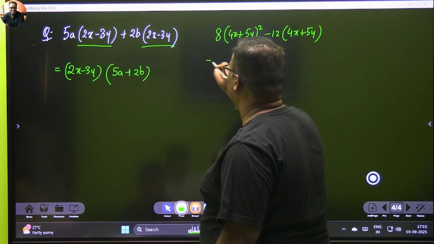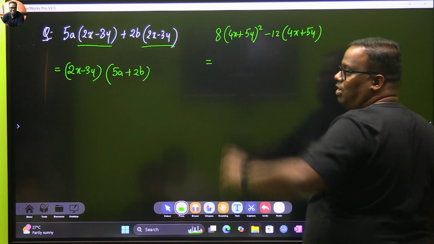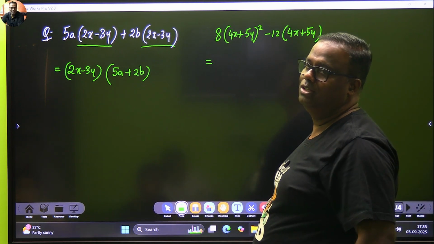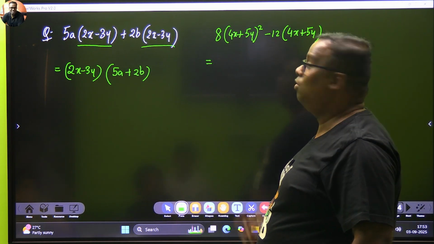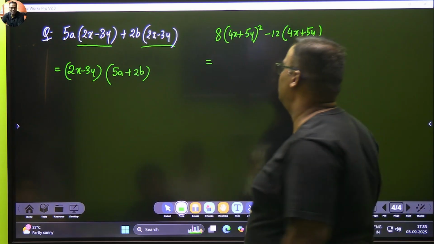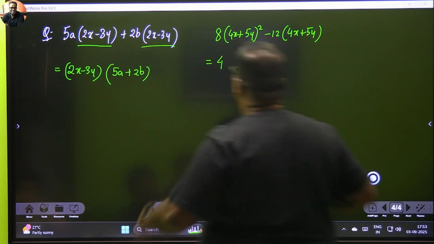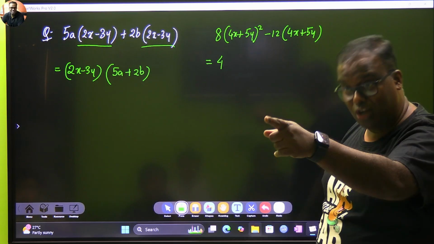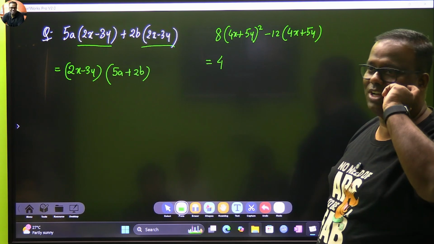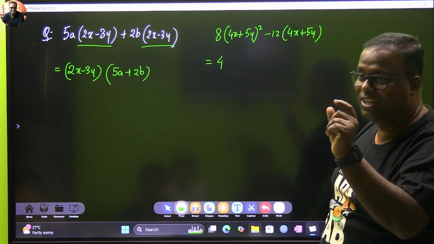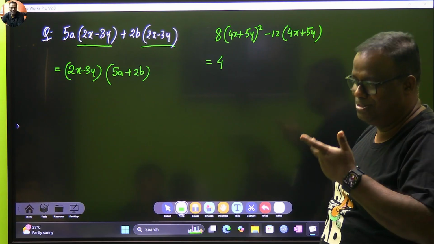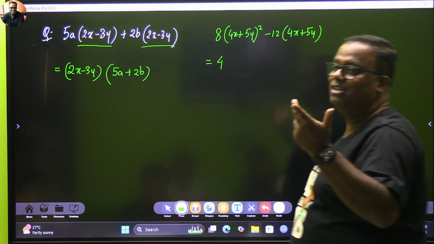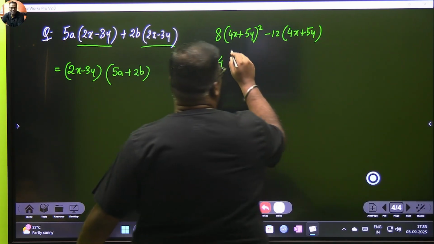Don't always see. First, between 8 and 12, what can you suck out common? 4. 4 2s are 8, 4 3s are 12. So first we will take 4. Dog square, dog. Dog we will take. Dog square you can't take. You have to take the poor guy. Dog square is richer than dog. So we will take what? Dog. So take the dog.